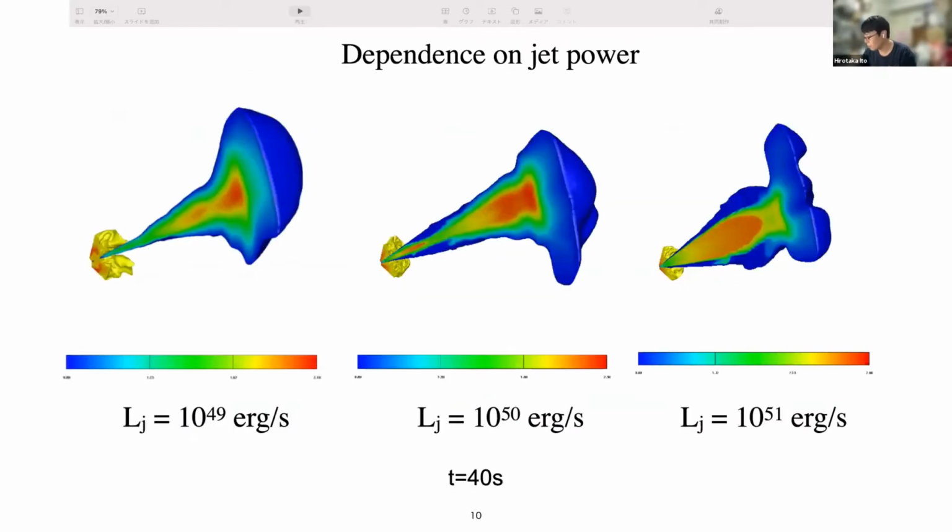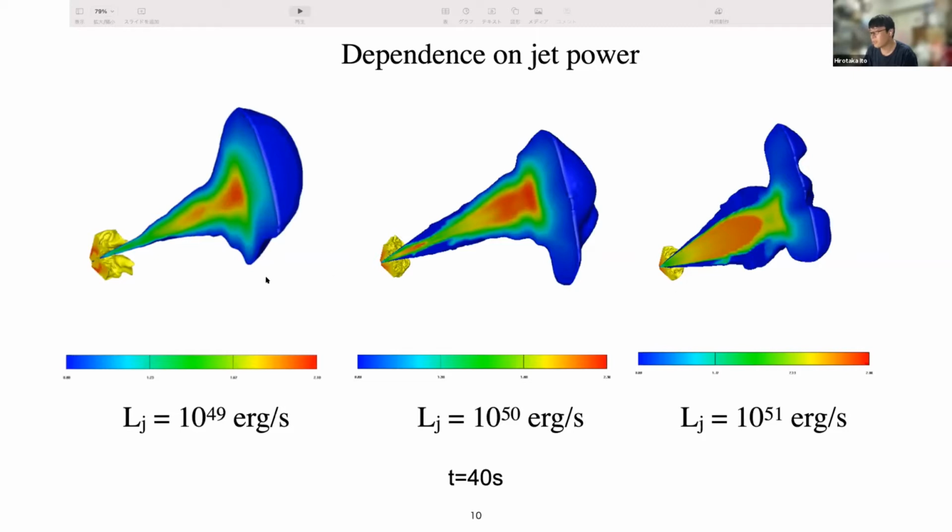Okay, let me mention the dependence on the jet power. Here I'm showing snapshots of three different simulation models, with the center being the fiducial case that I have just presented. The left panel shows the lower jet power model, and the right one shows the higher jet power model.